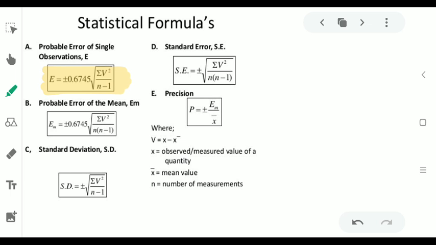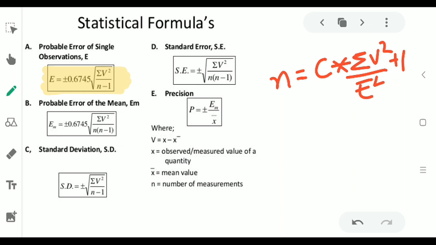So if we simplify this, then n would be equal to some constant value into summation of V square upon E square plus 1. So that means this n varies inversely with your E square.